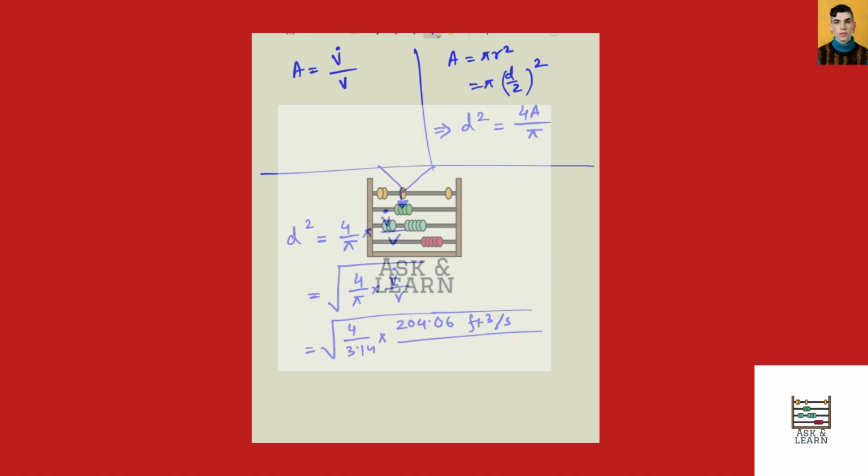The velocity is given as 5 feet per second, and once we do this calculation we will get that the minimum column diameter is 7.21 feet.